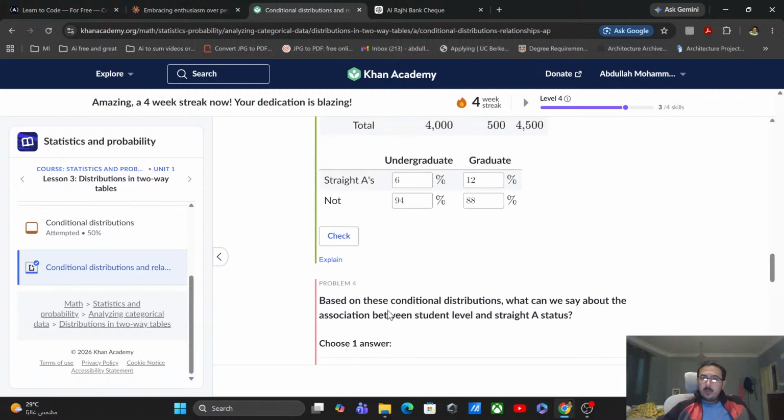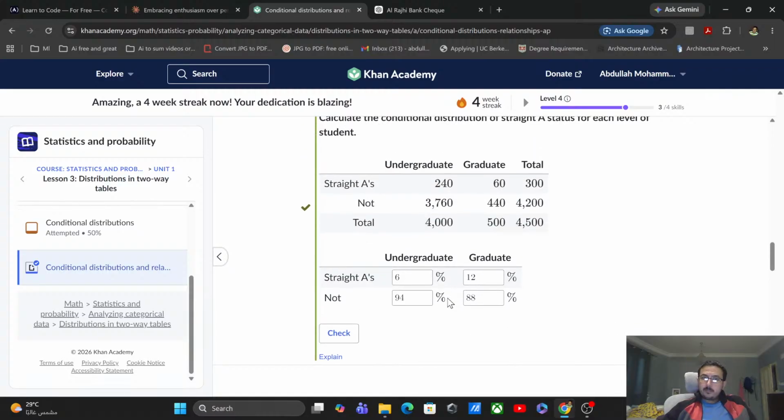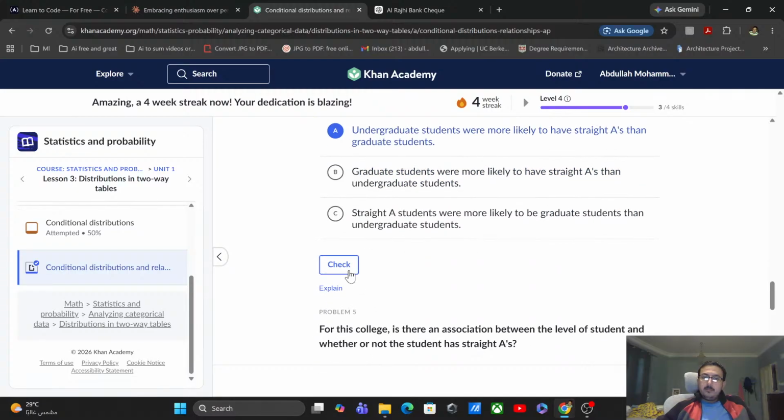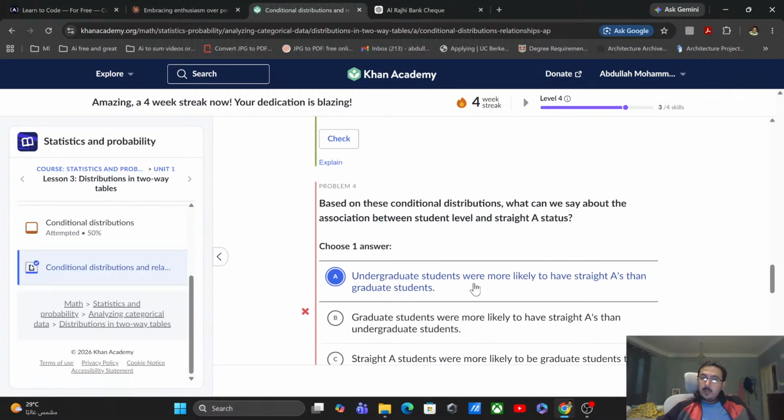What do you mean? Yeah, I took the percent, but look at the number. Undergraduates were more likely to have a straight A. This is misleading in so many ways. More likely to have straight A students?